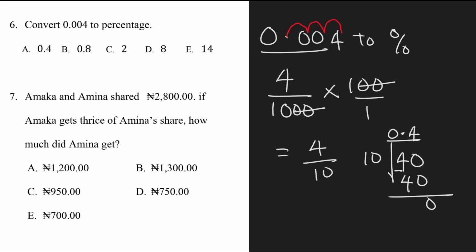We have 0, 0. So the answer is 0.4. Can you see? So if you convert 0.004 to percentage, you're going to have 0.4%. So that is the answer. So let's check our options. From our options, the answer is A. So let's move to the next question.